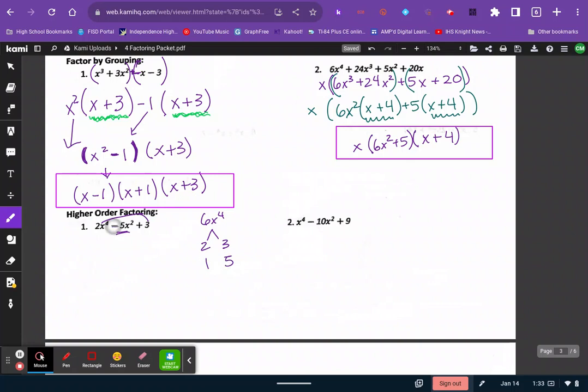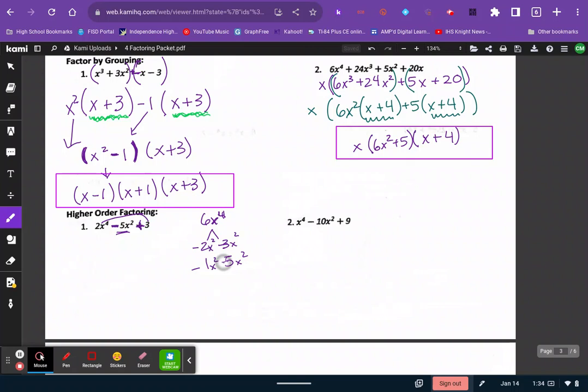The 5 is negative. This number is positive. So that means if this is negative and this is positive, both of my factors have to be negative. And since I'm looking for x to the fourth here, both of these are going to be x squareds.